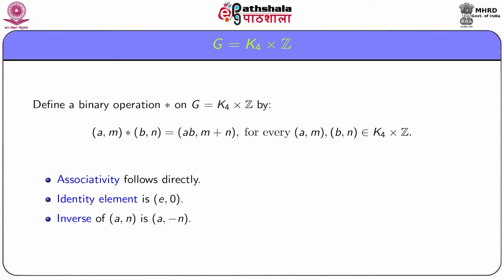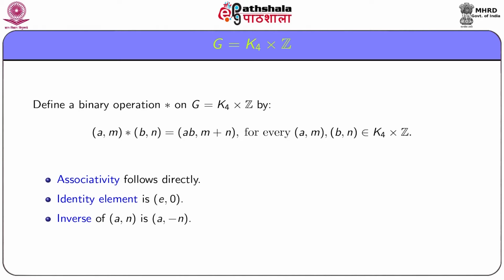As you know, every element of K4 is of order 2, and so the inverse of a is a and the inverse of n is minus n. Thus, the inverse of the pair (a, n) in G with respect to the binary operation star is the pair (a, minus n).